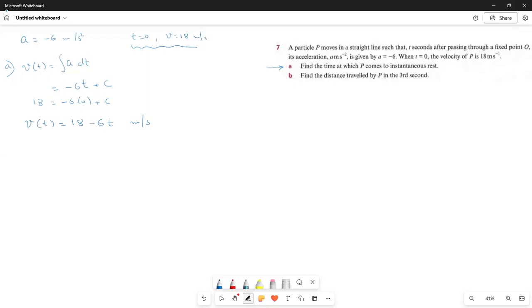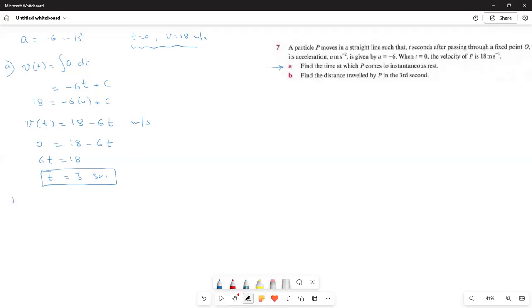When velocity is 0, 18 minus 6t equals 0, so 6t is equal to 18, or t is equal to 18 over 6, that is 3 seconds. So this is the time when the particle was at rest, speed was 0. So this is part A.